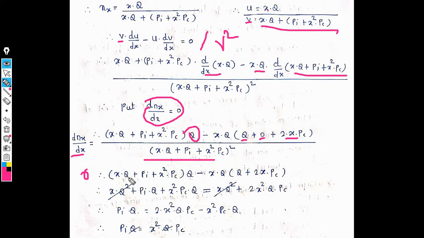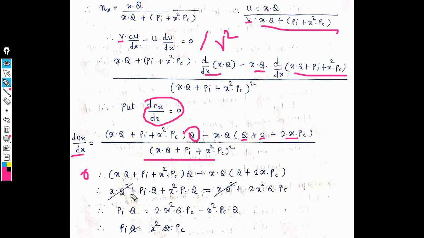Then next equation is x into Q plus Pi plus x square into Pc, into Q, minus x into Q, Q plus twice x Pc. Then multiplied by Q. x into Q square plus Pi into Q plus x square into Pc into Q, minus x into Q square plus twice x square into Q Pc.